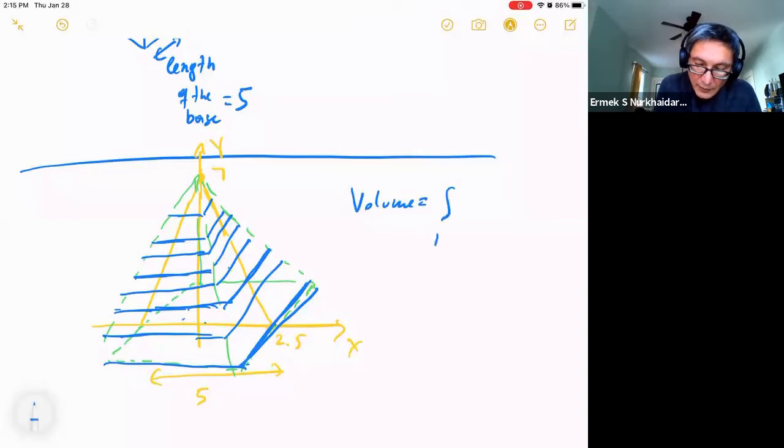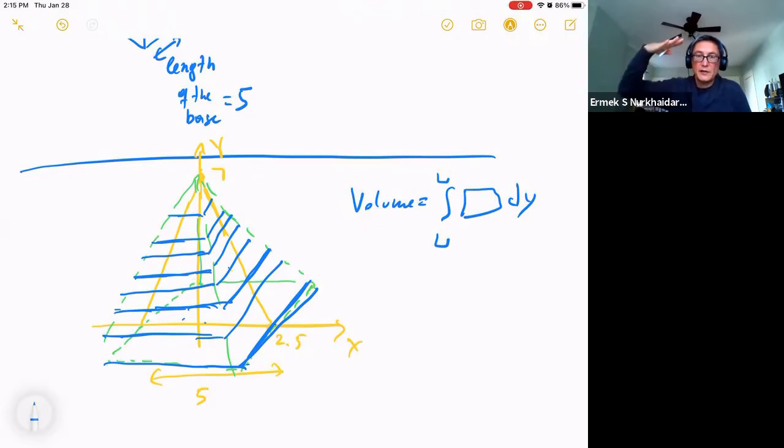Volume is going to be the integral, start, finish, area of cross section, dy. So we know where we start. We start at the bottom, y equals 0. We know where we finish, at y equals 7.